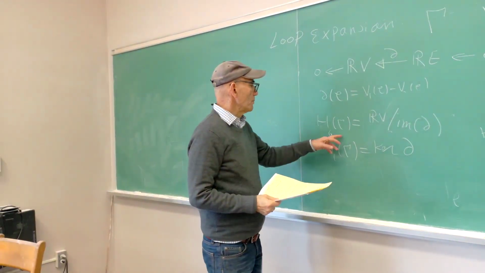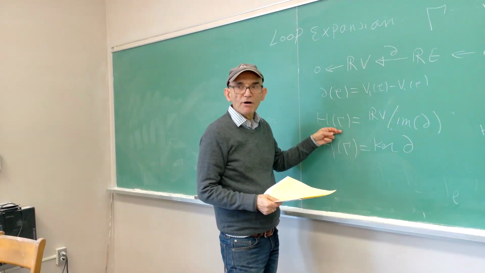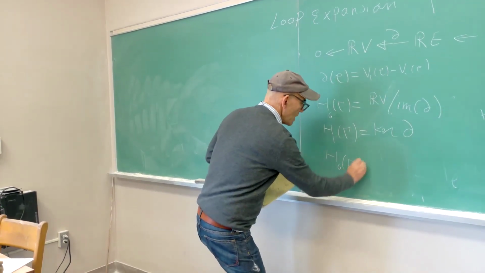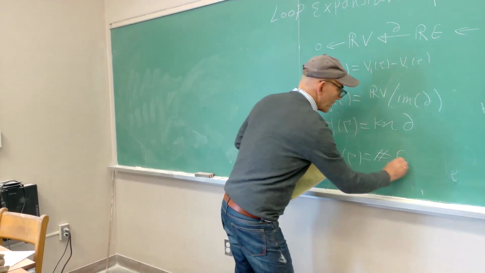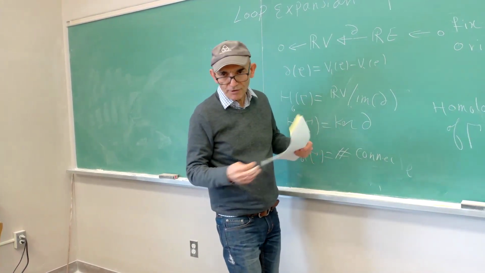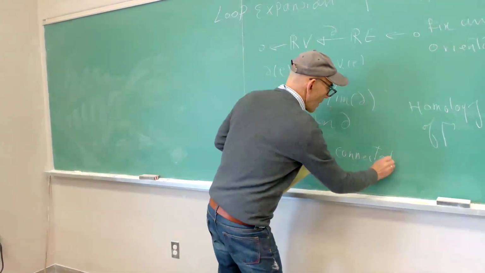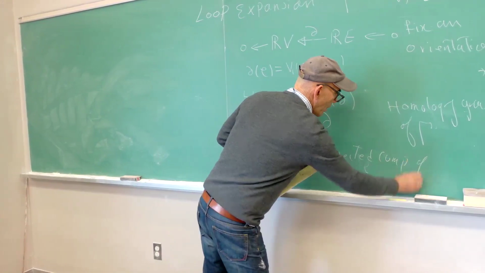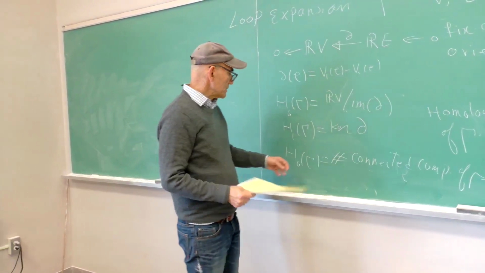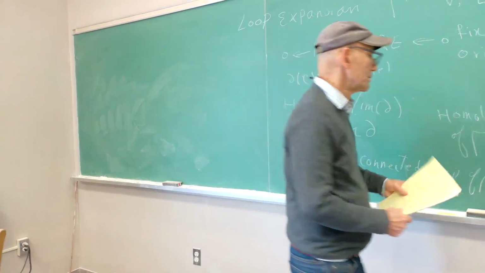Okay, now you can easily see that H0 of gamma is equal to the number of connected components of gamma. For any topological space, this is basically the number of path connected components of the space. But then H1 is the number of loops or cycles in gamma.